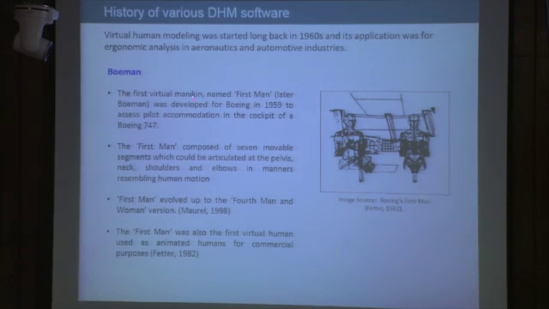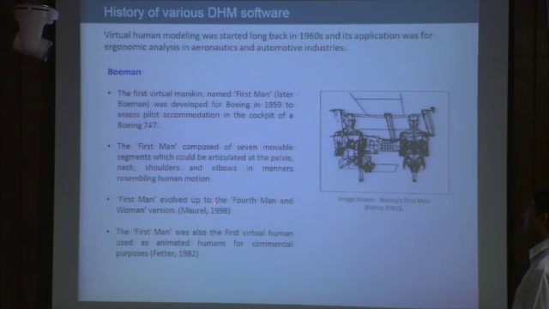The first virtual mannequin, named First Man and later on named Boeman, was developed by Boeing Corporation USA in 1959 to assess pilot accommodation in the cockpit of a Boeing 747 aircraft. The First Man was composed of 7 movable segments which could be articulated at the pelvis, neck, shoulder and elbow in manners resembling human motion.